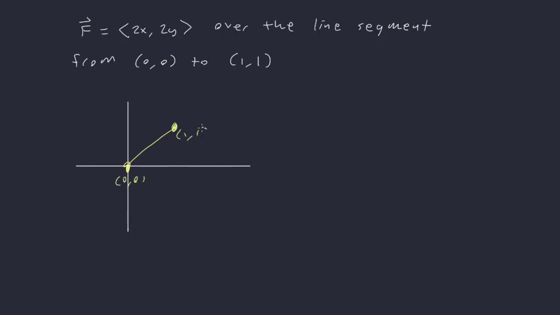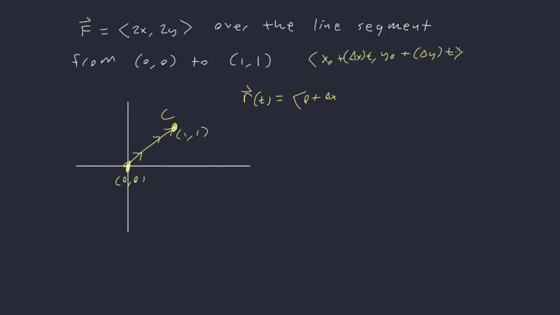And if this is our C, our r of t in this case, remember we have to be careful about what direction we're going in. But in this case, it's always the initial value plus basically our delta x by delta t times t.